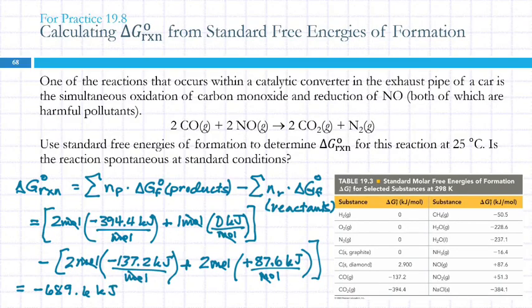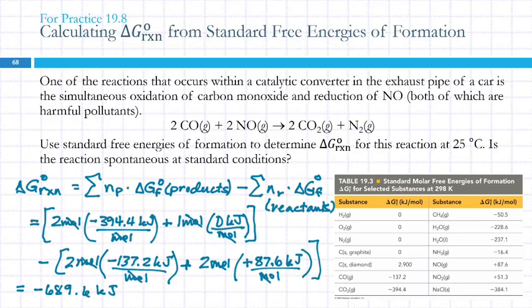For the spontaneity of it, could you always just look at the original equation and see that since moles are decreasing, it's always going to be spontaneous? That's a great question. Could you just look at this equation and see, well, this is 4 moles of gas to 3 moles of gas, and just say, oh, well, that's going to be whatever? No, you can't.